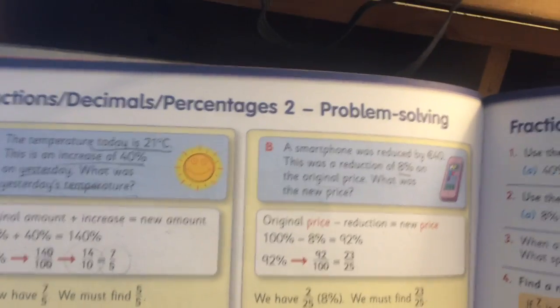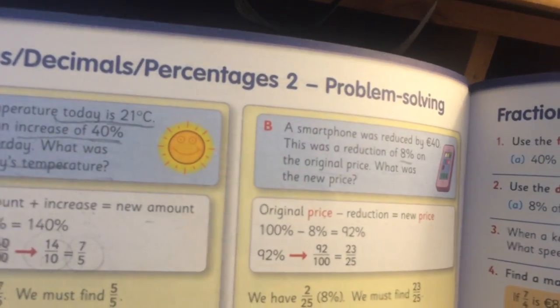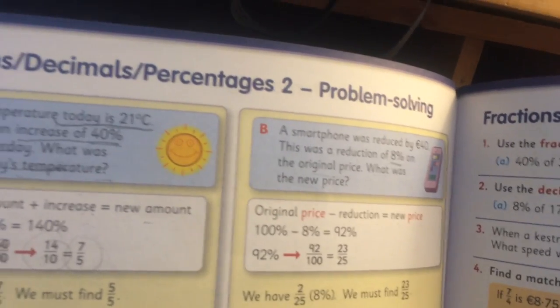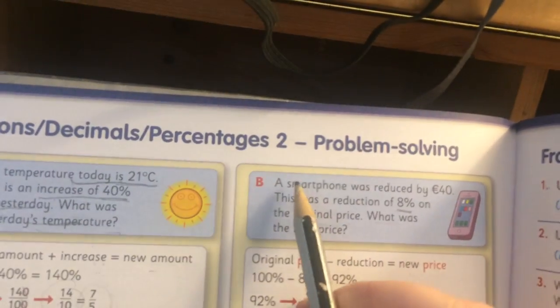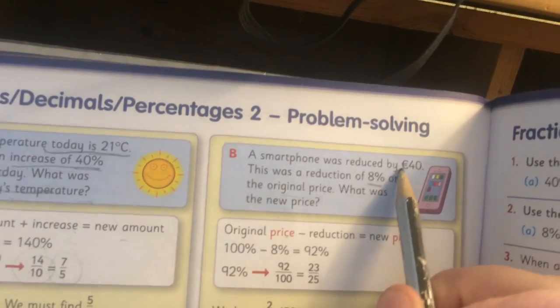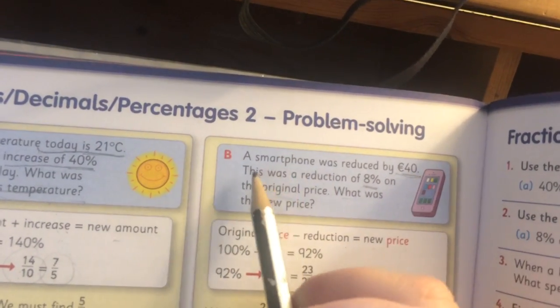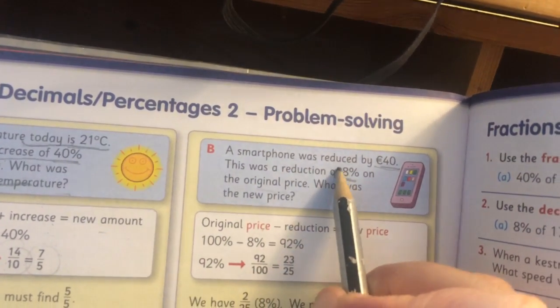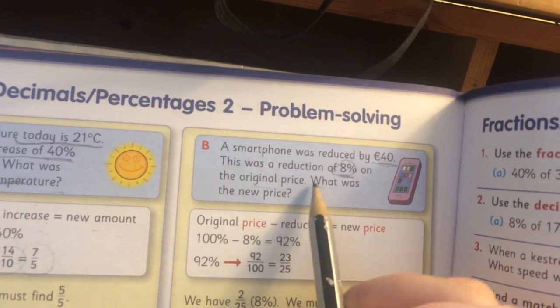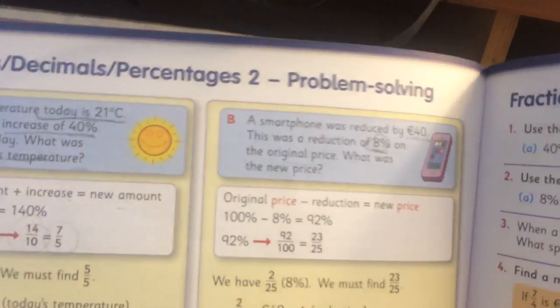Let's look over here. So a smartphone. I'm going to get my pencil ready here, and we're going to follow route. We're going to read and underline, and then we're going to draw it out. So the smartphone was reduced by 40 euros. This was a reduction of 8% on the original price. What is the new price?